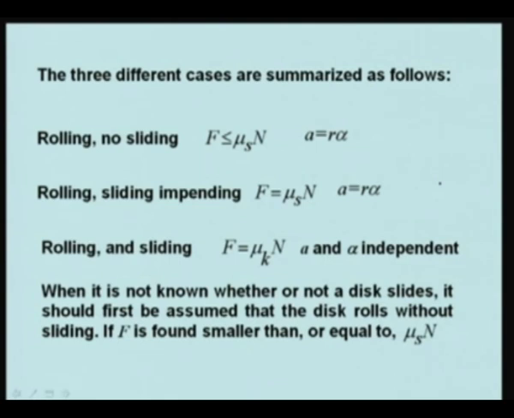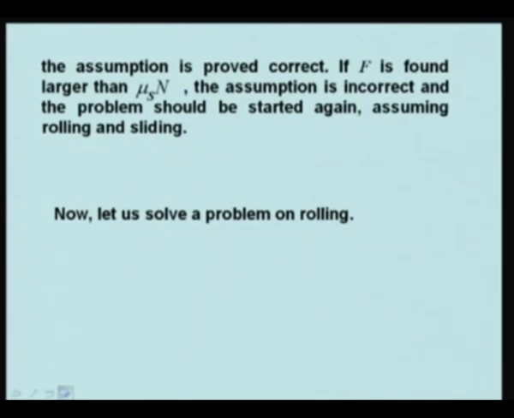Now, when it is not known whether a disc is sliding or rolling, what should we do? We should first assume that the disc rolls without sliding, so pure rolling motion is taking place. Now if F is found smaller than or equal to mu s times N, that means our assumption was correct.